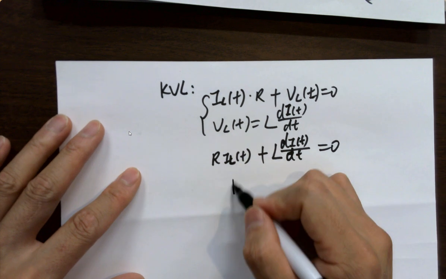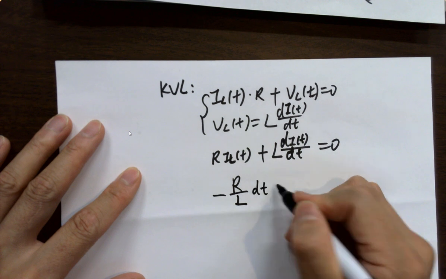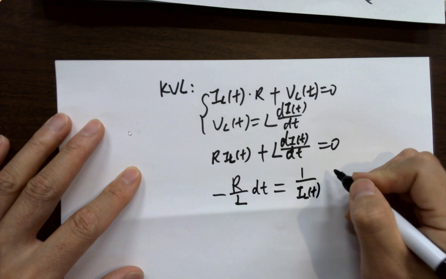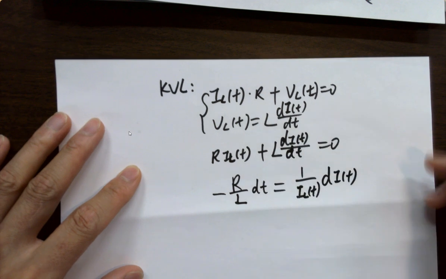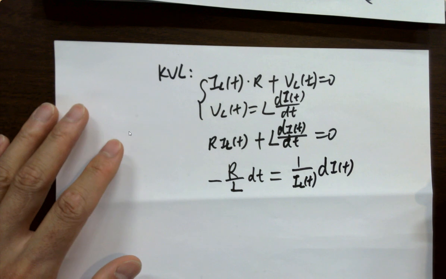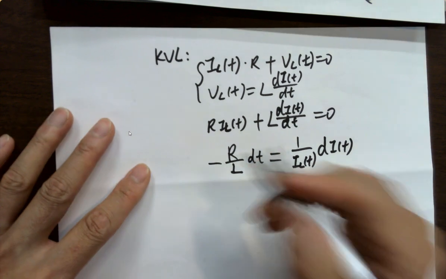So R/L minus dt equals what? Equals 1 over i_L(t) di_L(t). Is that correct? Yes. What's next?